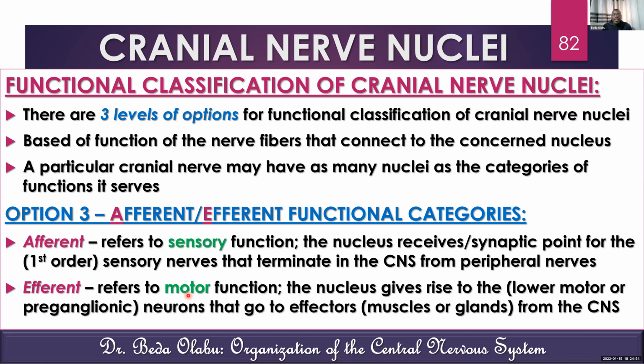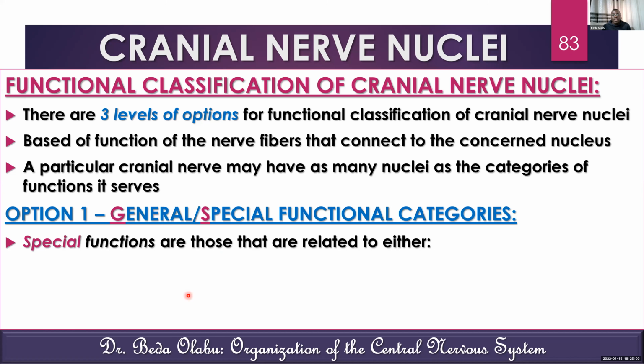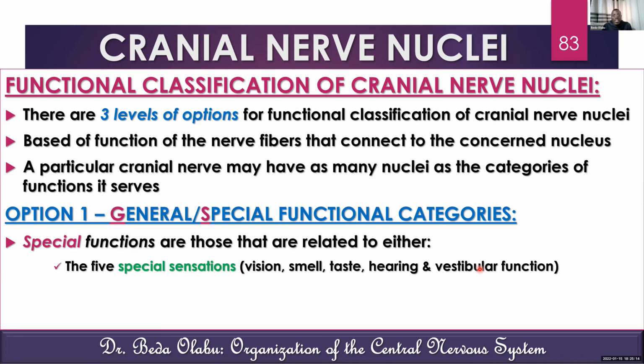Let's now define what the terms general and special really mean. It's easier for me to define special, then the rest will be called general. The special functions are the functions related to the 5 special sensations.